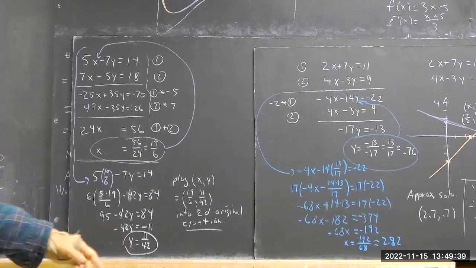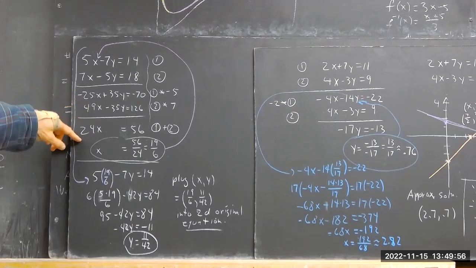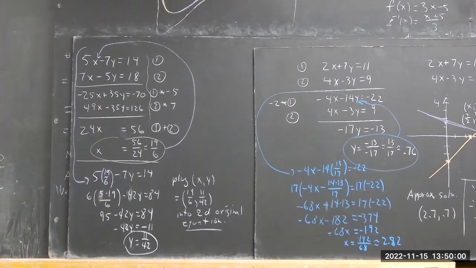So if I made a mistake somewhere, I go back and check my work and see what I might have done wrong. Couldn't possibly have done anything wrong. That's too simple. It's 95, that's 42, that's 84, that's 92. I get this right, that's 24x. And let's see, 18 times 70 plus 56, that's 46.